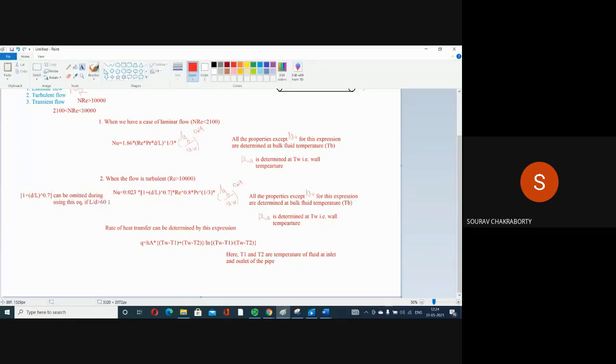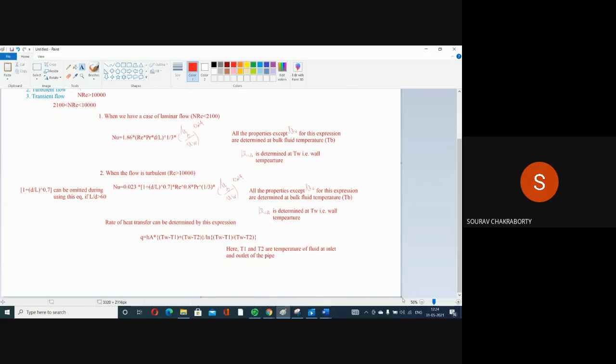So if you observe that your L by D is greater than 60, when we utilize this expression, this particular term can be omitted. This is the condition for turbulent flow. Then, the second case, if you have a transient region, transient flow, then the third case, if we have a transient flow.